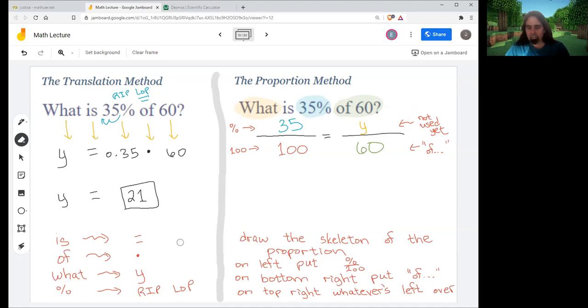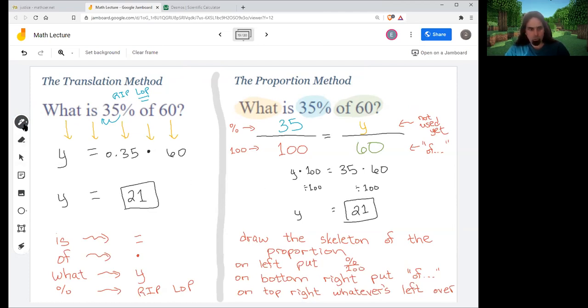Once I've done that, then this is just a proportion problem. I don't really have room to use all my colors, I'm sorry, but y times 100 is 35 times 60. Divide both sides by 100. And I get y equals 21.